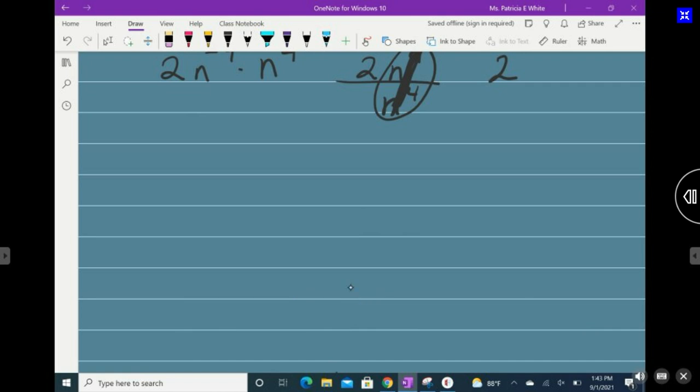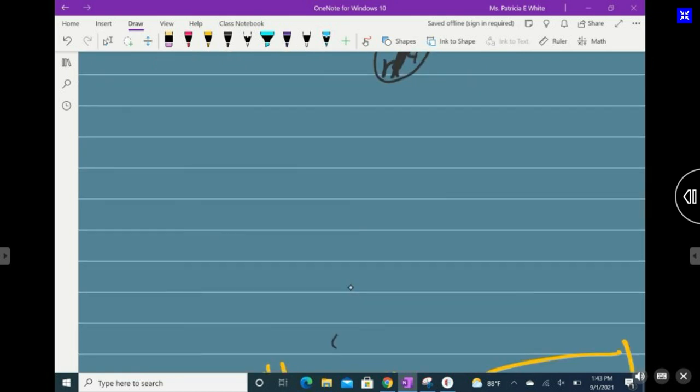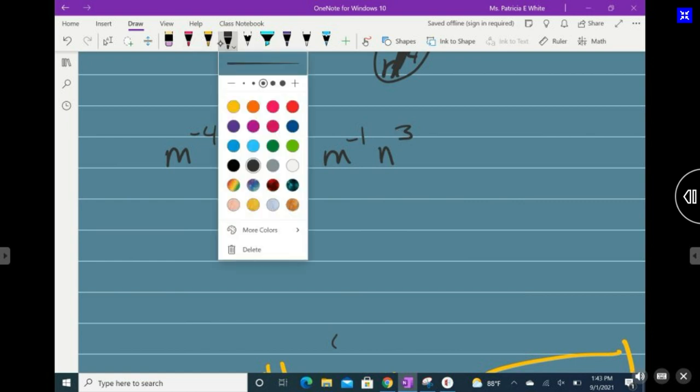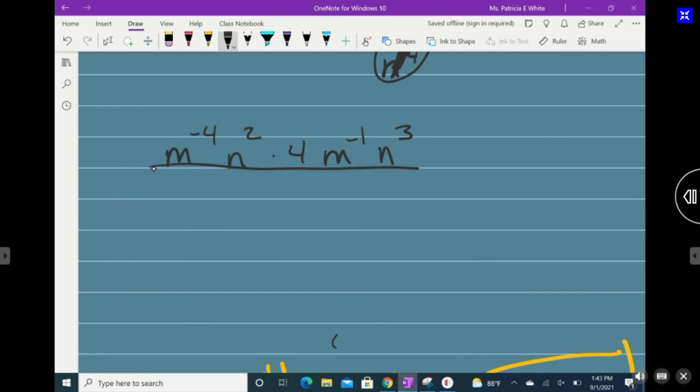All right. M to the negative 4, n to the second times 4, m to the negative 1, n to the third. Who's moving downstairs?